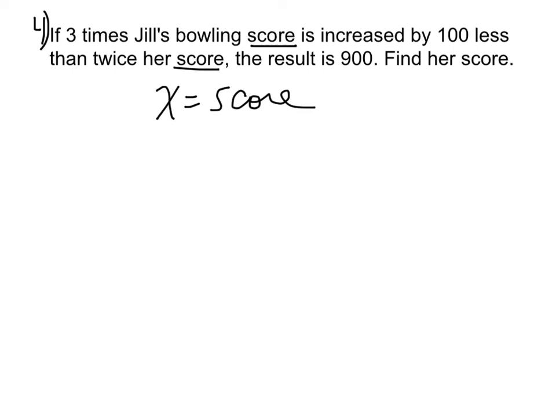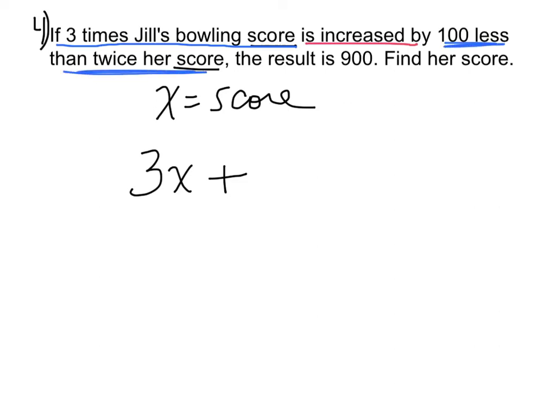So let's start off with, if 3 times Jill's bowling score. 3 times Jill's bowling score, what would you put? You put 3x. Is increased by. Is increased by means what are you doing? You're adding. Now here's the tricky part. 100 less than twice her score.